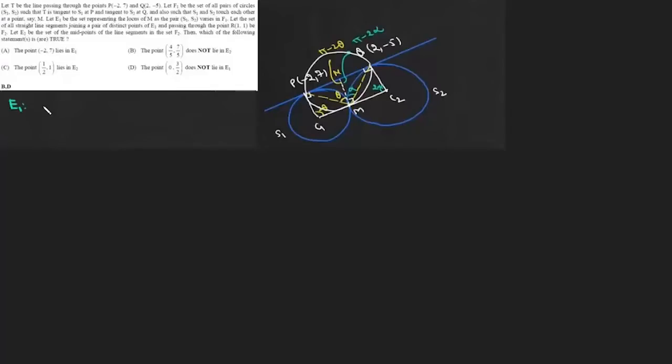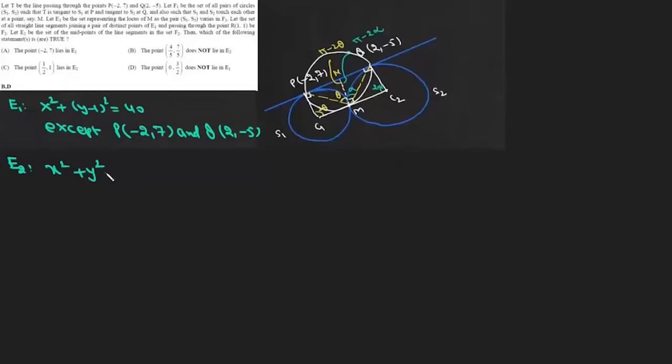E1, which is x square plus y minus 1 whole square equal to 40, except the 2 points P and Q, P which is minus 2, 7, and Q which is 2, minus 5. And this other locus, which is E2, and that is x square plus y square minus x minus 2y plus 1 equals 0.